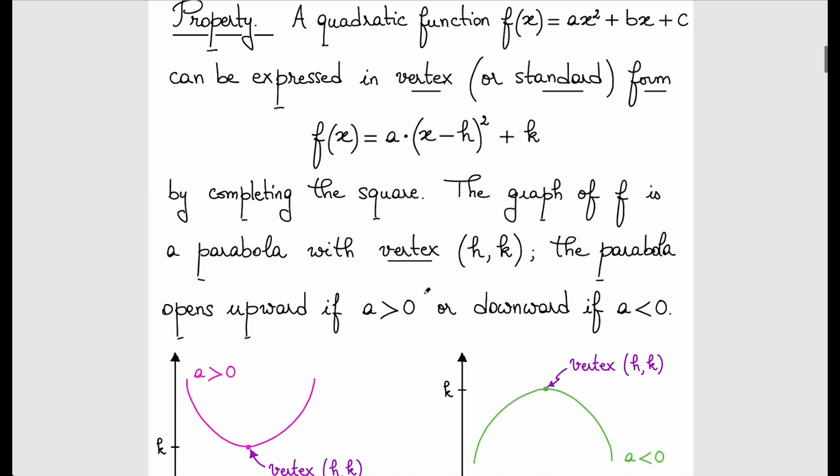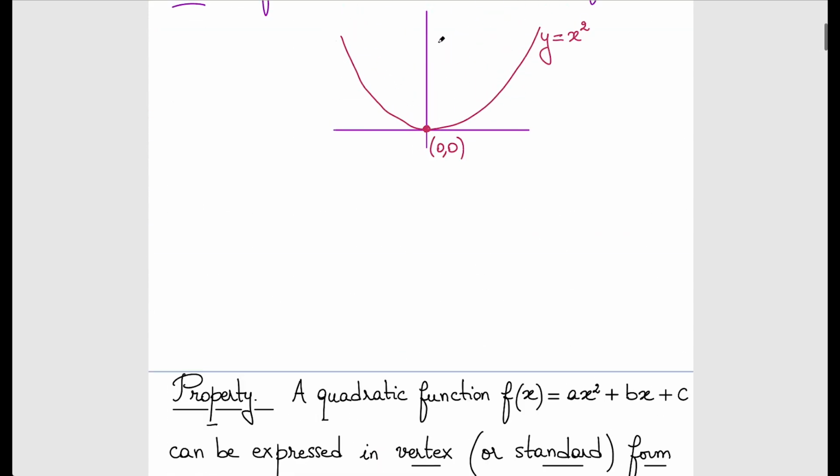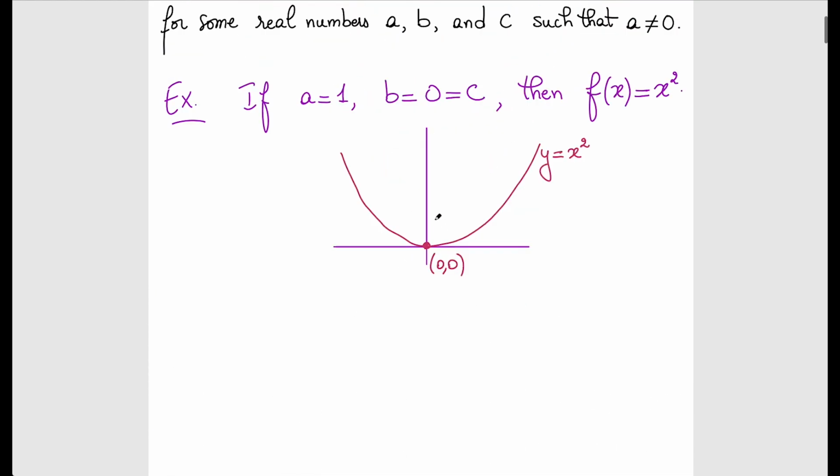And depending on this number a, for example, if a is positive, what are you doing to the parent function? You are performing vertical shrink or vertical stretching on the graph of the parent function. But the idea is this function, if a is positive, is going to remain opening up like the parent function.